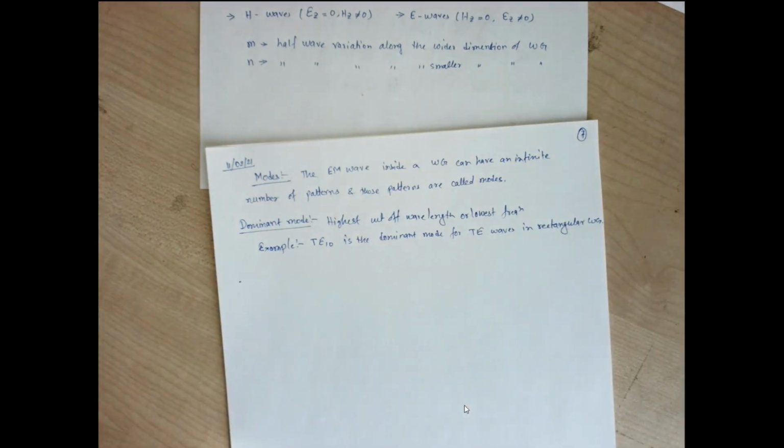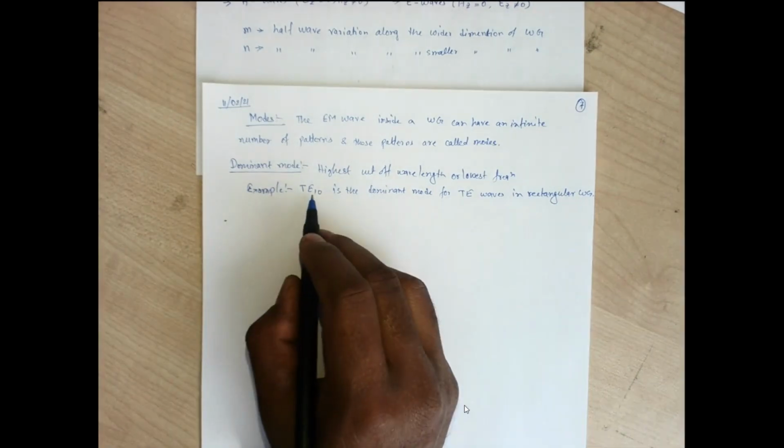TE10, so obviously the m value is 1 and n value is 0. So what does it mean? As we discussed earlier, m is the number of half wave variations along the wider dimension of the waveguide. Here m value is 1, so there is a single half wave variation in the wider dimension, and n value is 0, so there is no half wave variation along the narrower or smaller dimension.